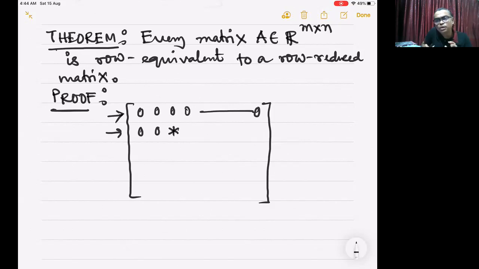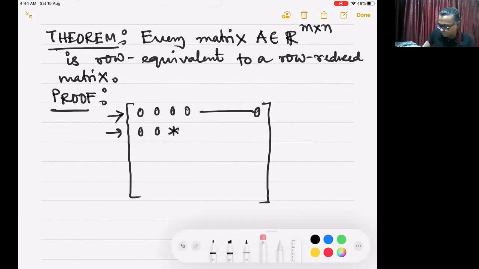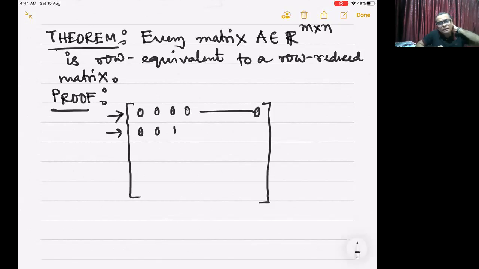What I do is I do an elementary row operation and make this guy 1. That is allowed, right? I can just multiply that entire row by the inverse of that number, and that multiple of the row will have this guy to be 1. This is how I get a leading 1. And then with this leading 1, I run through every entry in the column by doing row operations, making them zeros. How?